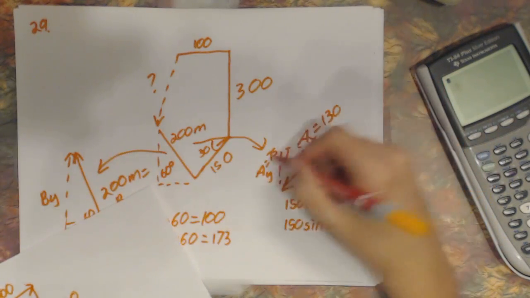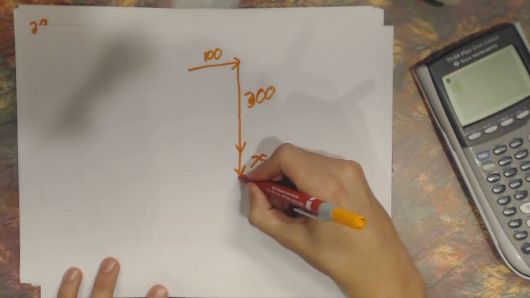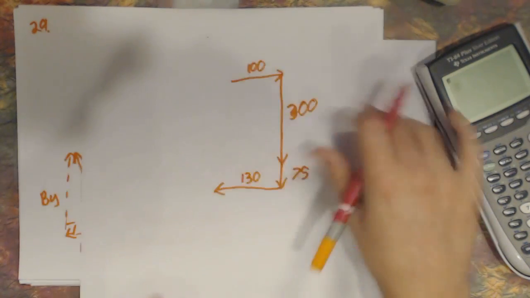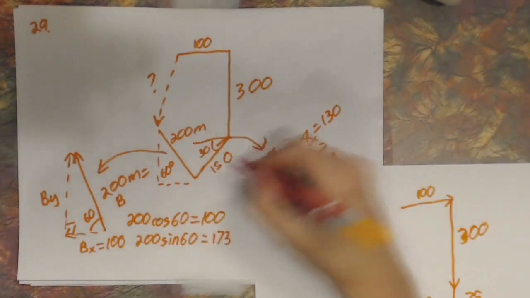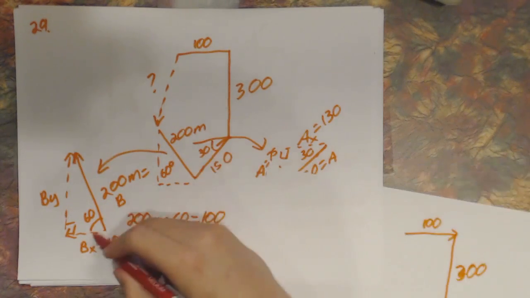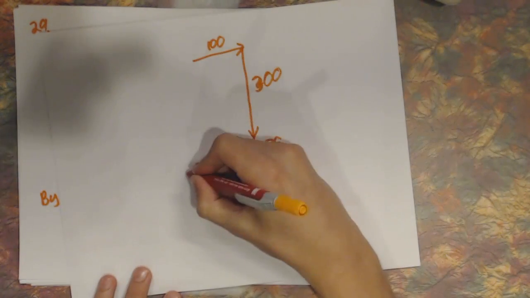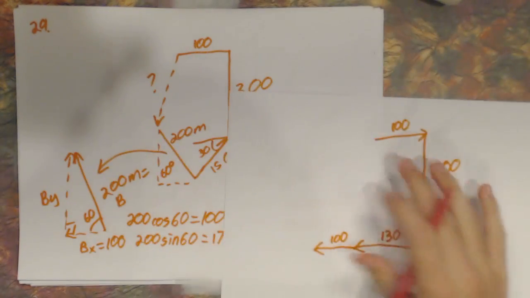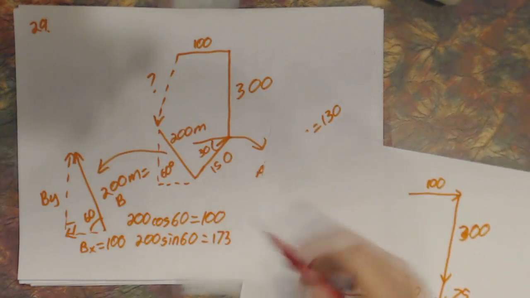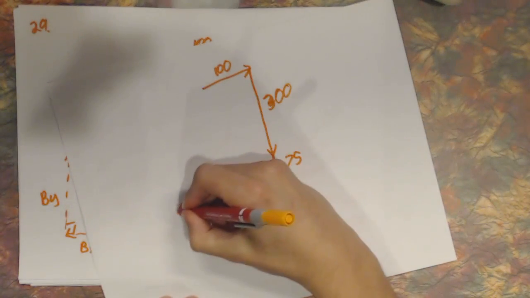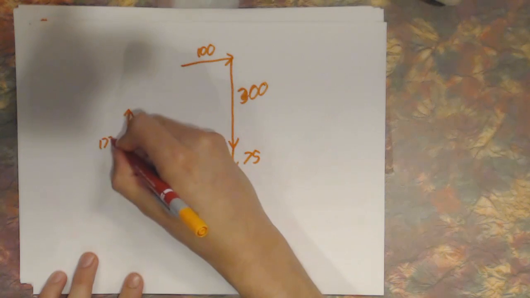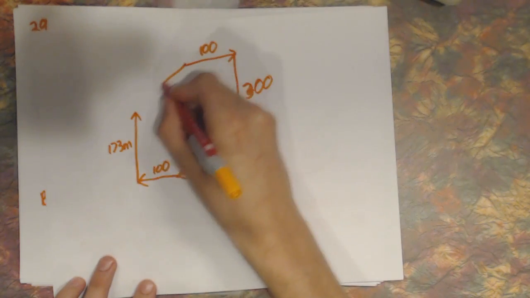And then our A sub x is 130 meters, so we went 130 meters. And then over here, we went this direction, which is our B sub x, which is another 100 meters. And then we went up our B sub y, which is 173 meters. And we're looking for this.